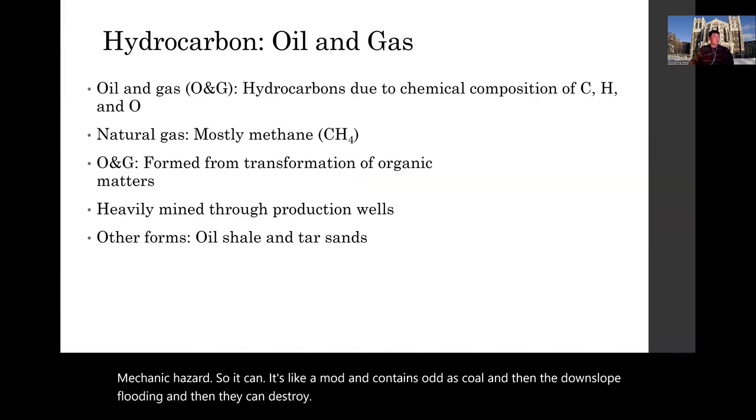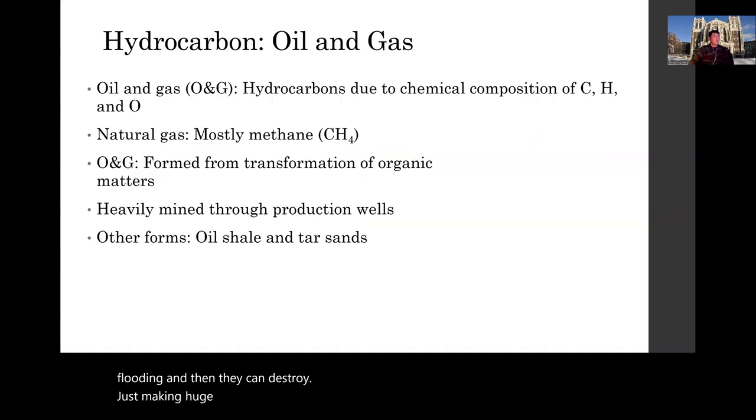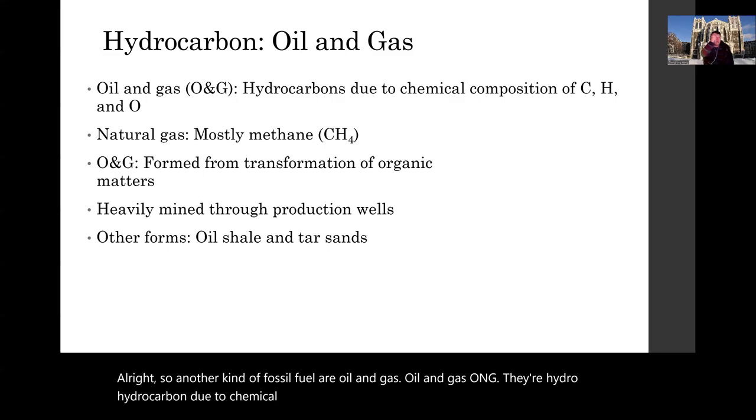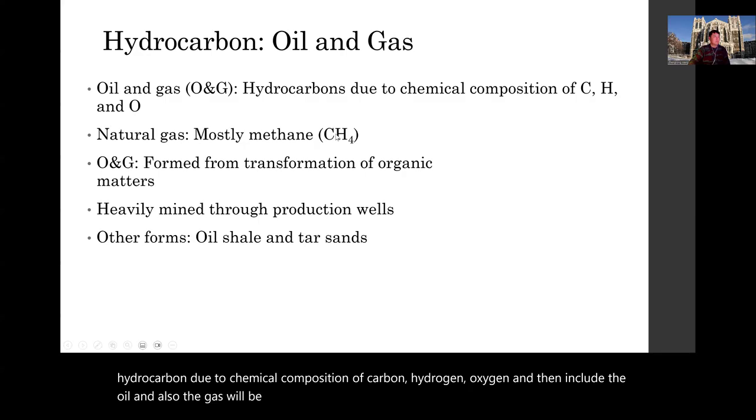making huge problems. All right, so another kind of fossil fuel is oil and gas. Oil and gas, O&G, are hydrocarbons, due to their chemical composition of carbon and hydrogen, and they include oil, and also the gas, which is methane gas.